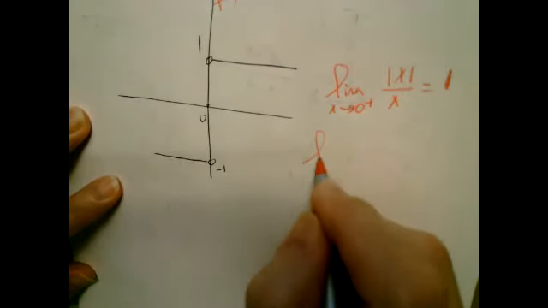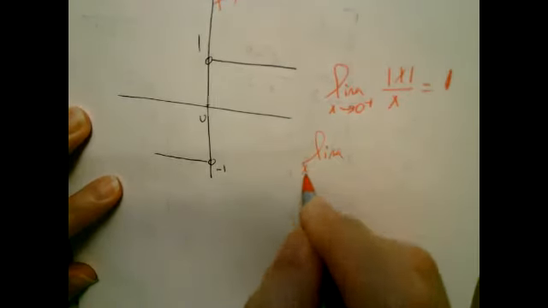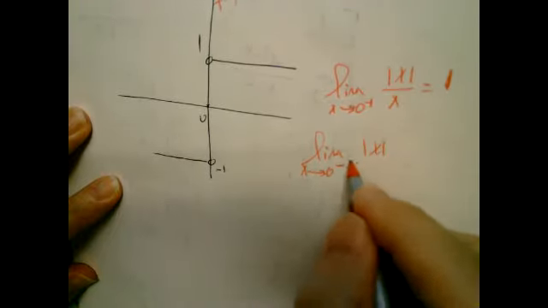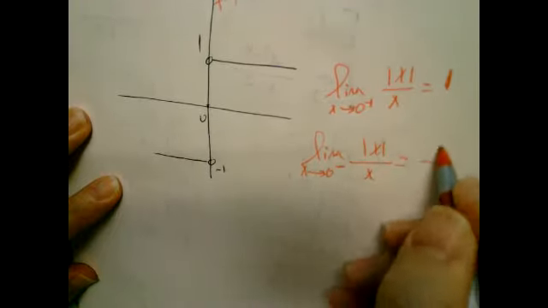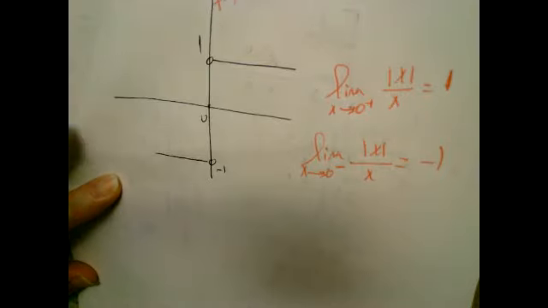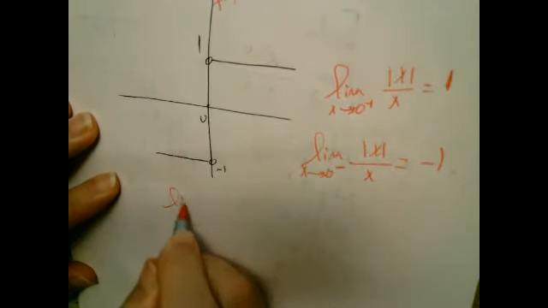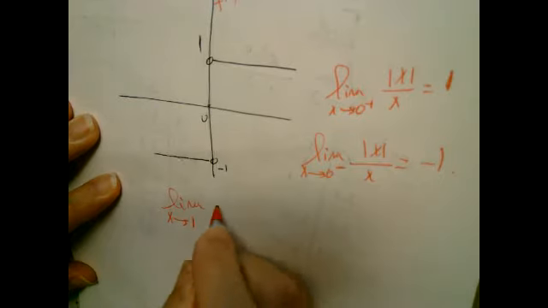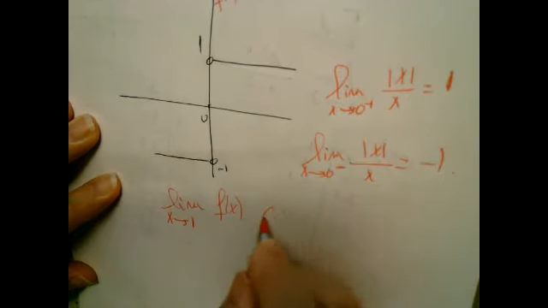And the limit when x becomes close to 0 from the negative, or from the left, is equal to -1. But the limit itself of f of x as x goes to 0 does not exist.